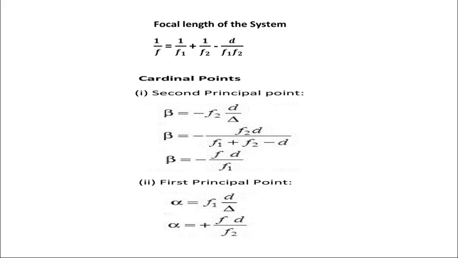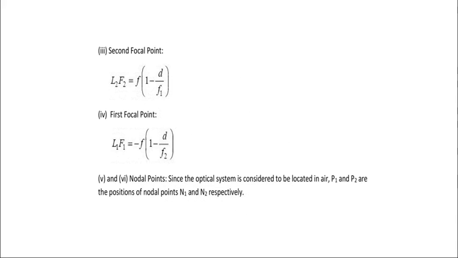First principal point, alpha = f1 d/delta, or +fd/f2. Second focal point is given by L2 F2 = f(1 − d/f1). First focal point is given by L1 F1 = −f(1 − d/f2).